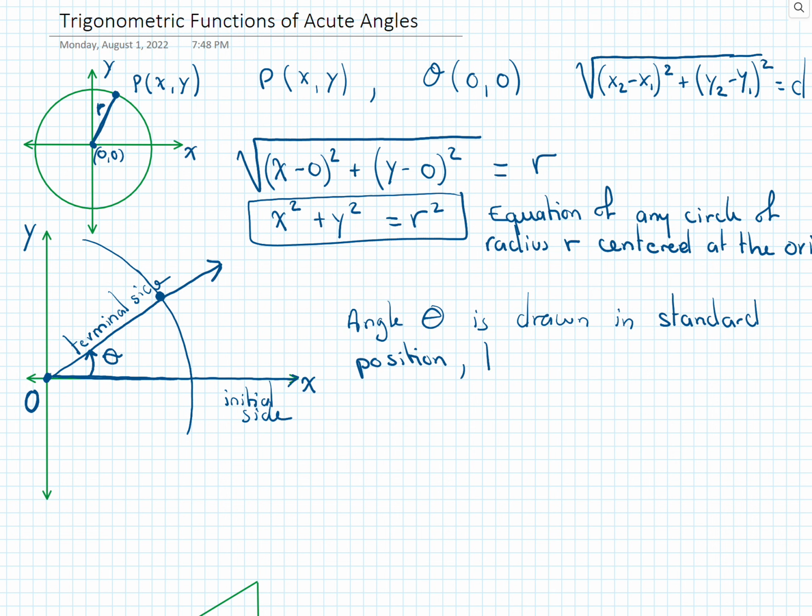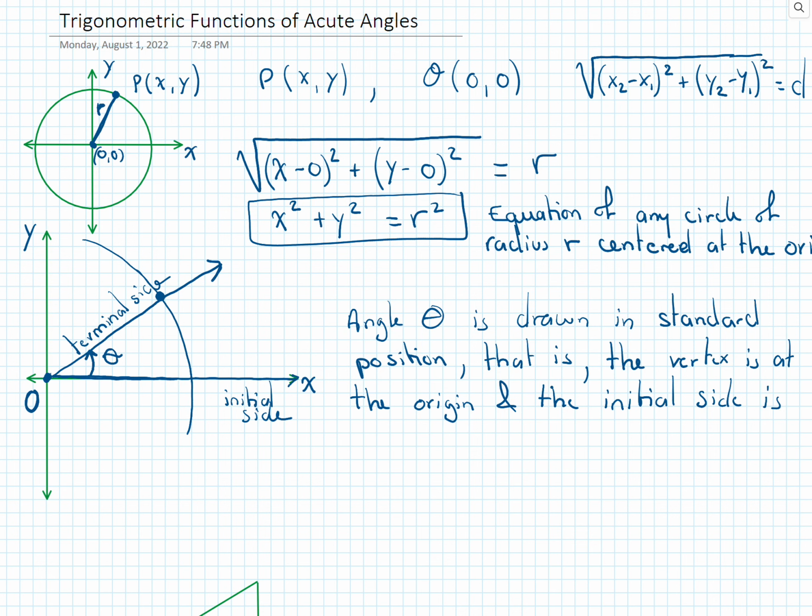And what does that mean? So that is the vertex is at the origin and the initial side is the positive x-axis.